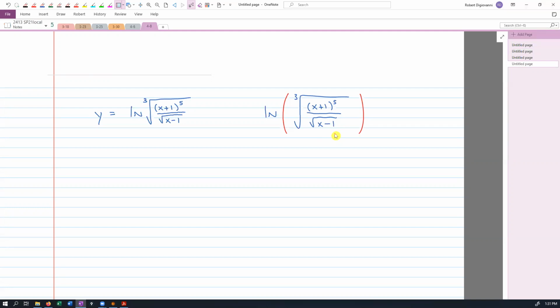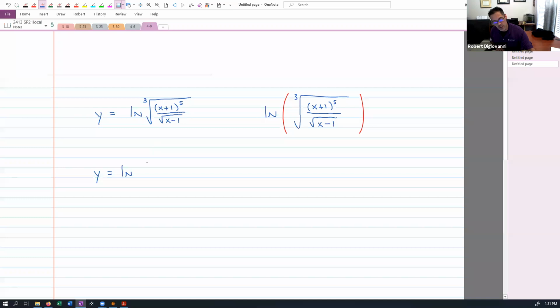You can turn the cube root into an exponent, which would be 1/3. Good. The first thing we have to see is that this cube root really means we're raising all of that stuff on the inside to the 1/3.